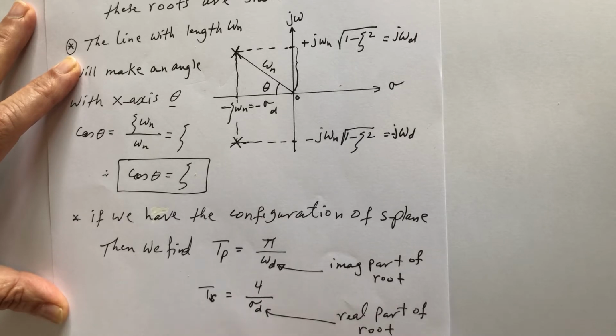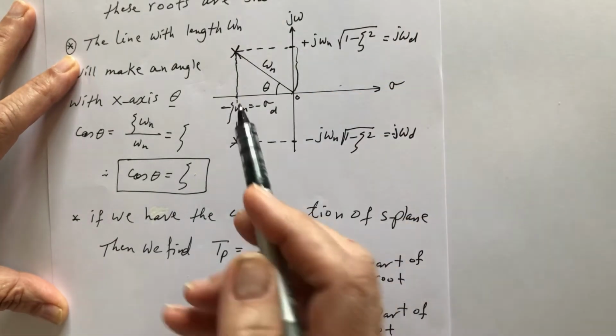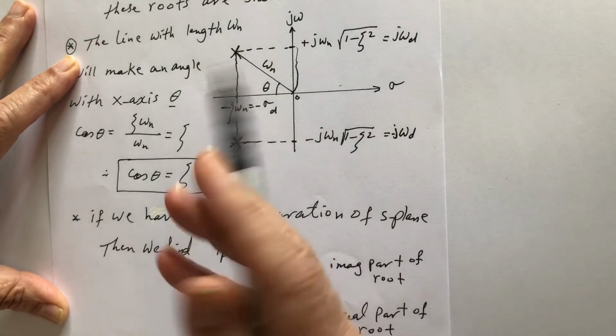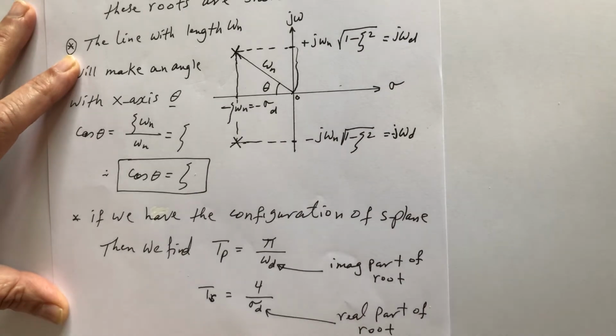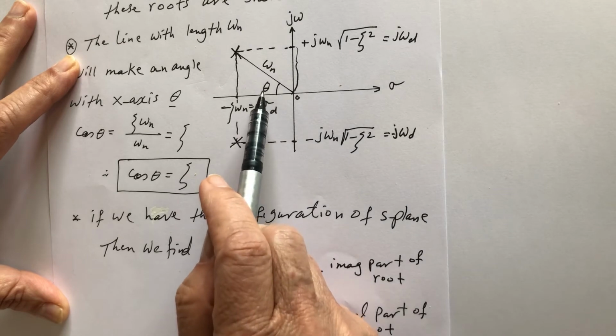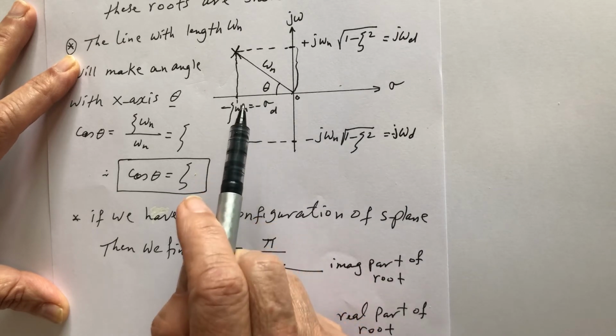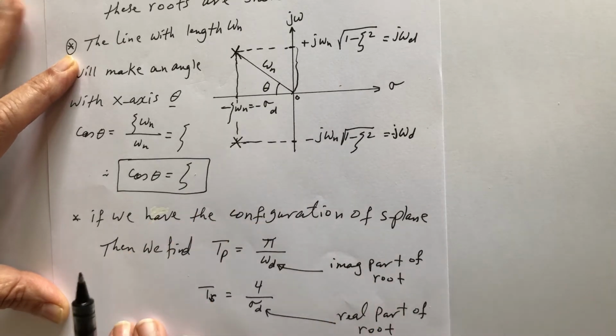The settling time is equal to 4 over zeta omega n, or 4 over sigma d, the real part of the root. So if we have the imaginary part and the real part on the S-plane given to us as data, we can find Tp and Ts. We can find the percent overshoot from the cosine of theta.